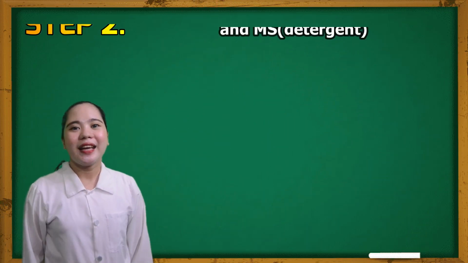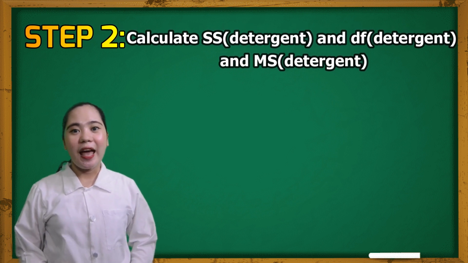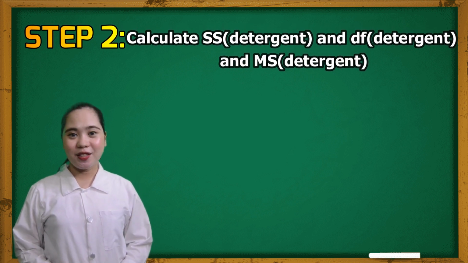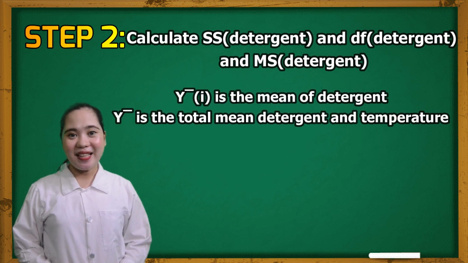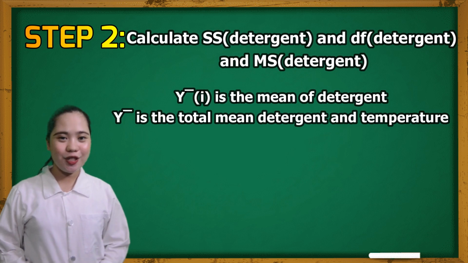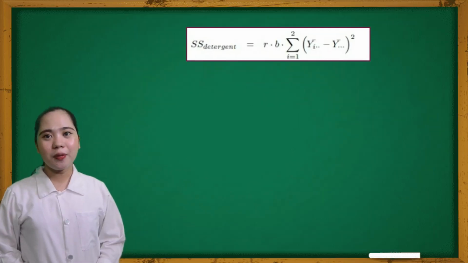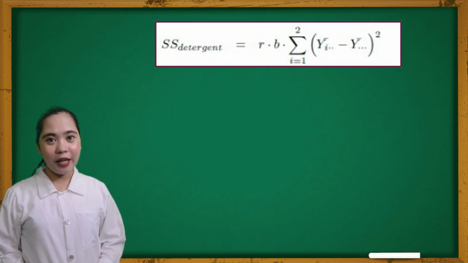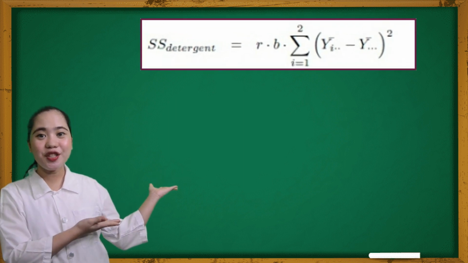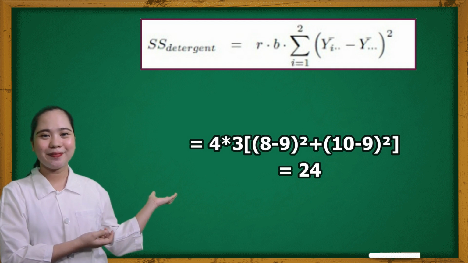Step 2. Calculate SS detergent, DF detergent, and MS detergent. Y sub i is the mean of detergent. Y is the total mean of detergent and temperature. Here is the formula in finding the SS detergent, and the answer here is 24.